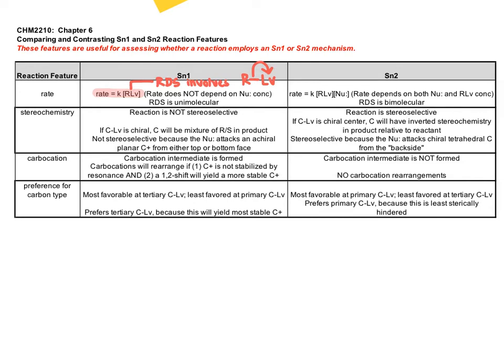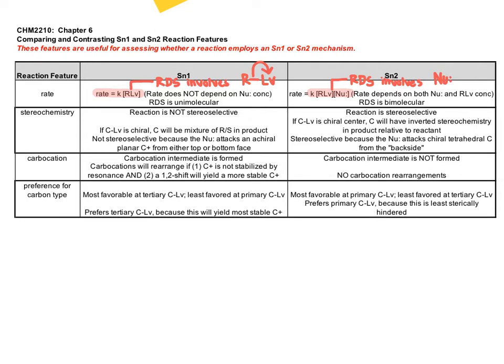On the other hand, with the SN2 reaction mechanism, for contrast, if we're looking at the rate dependency on our different reactants, that particular reaction at the rate determining step, which happens to be the only step of this mechanism, involves taking the molecule that has the leaving group and having the nucleophile attack it.